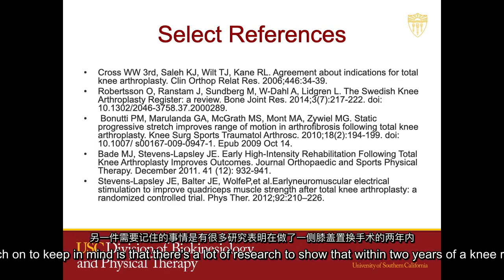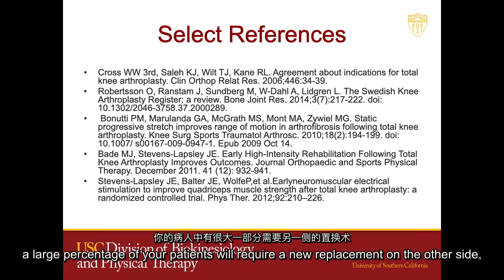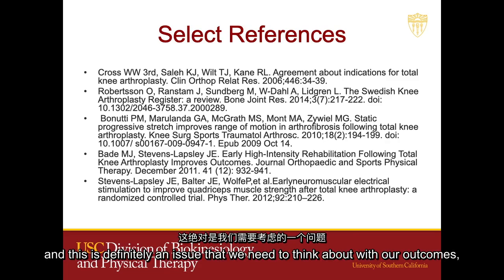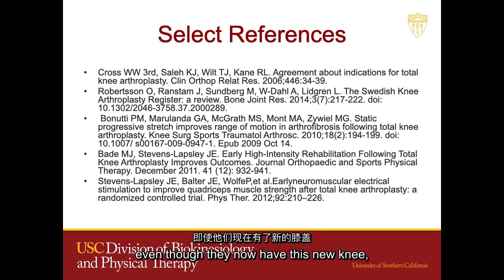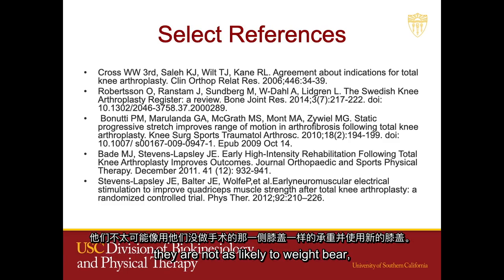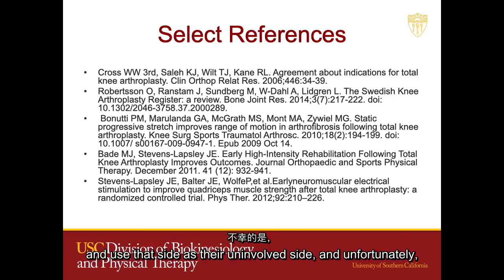Another thing to just touch on to keep in mind is that there's a lot of research to show that within 2 years of a knee replacement on one side, a large percentage of your patients will require a knee replacement on the other side. And this is definitely an issue that we need to think about with our outcomes, because these patients, even though they now have this new knee, they are not as likely to weight bear and use that side as they are their uninvolved side.